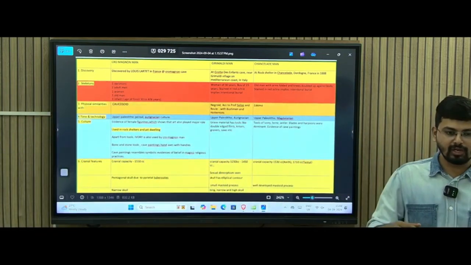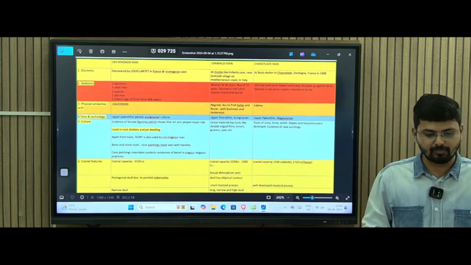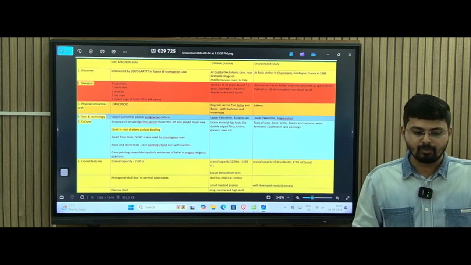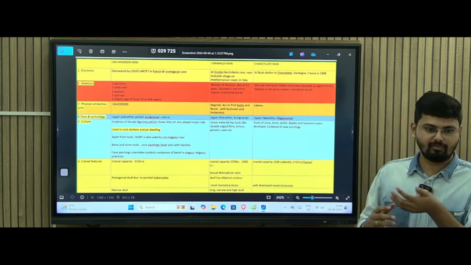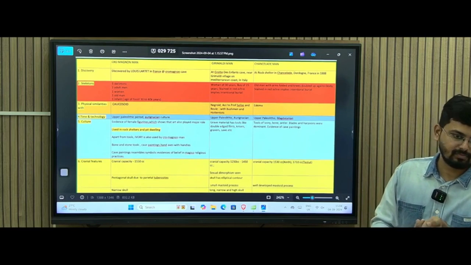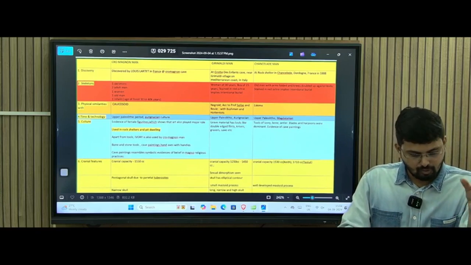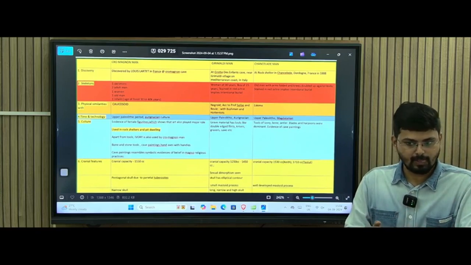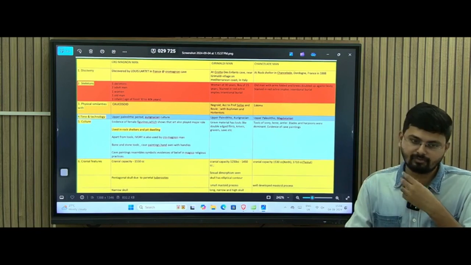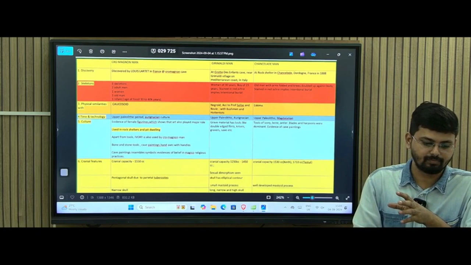If you want to know it in better detail, I've already told you about one website, the Smithsonian website. You can go there and read, and there is a section on how they survived. You can use that information, and write it in that format, which will fetch you more marks compared to writing it directly.